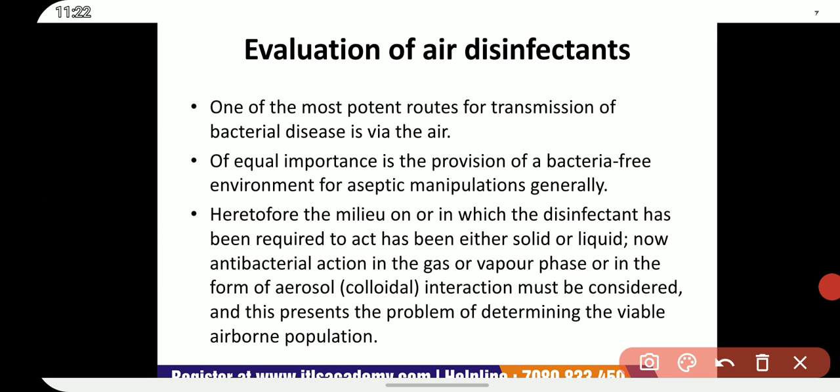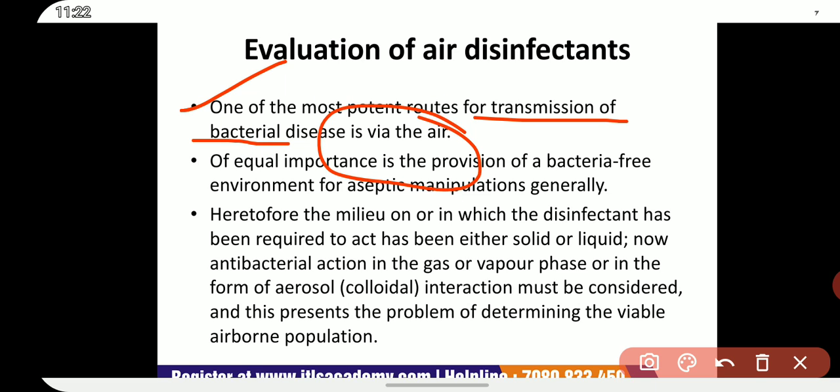Next is evaluation of air disinfectants. One of the most potent routes for transmission of bacterial disease is via the air.